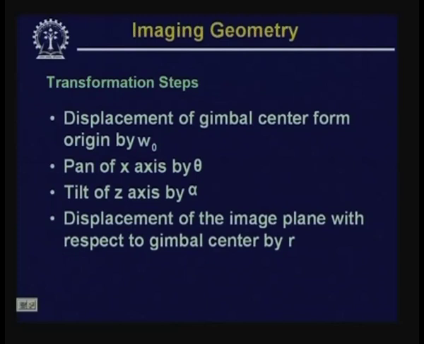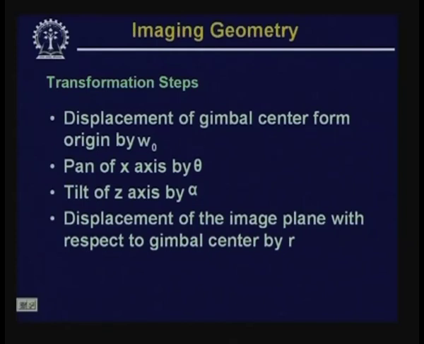From this we displace the gimbal center from the origin by the vector W naught, and after that we pan along the x axis by an angle theta, followed by a tilt around the z axis by angle alpha, which will be followed by the final displacement of the image plane with respect to the gimbal center by the vector r.